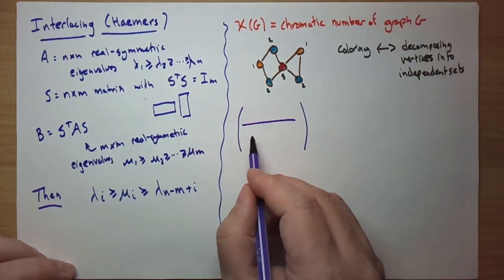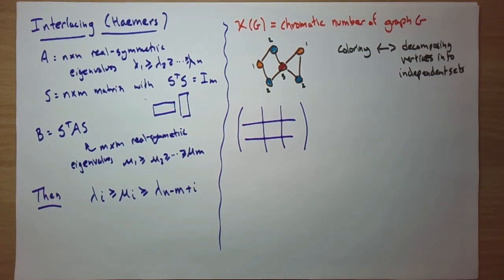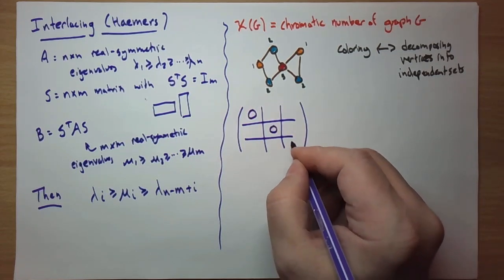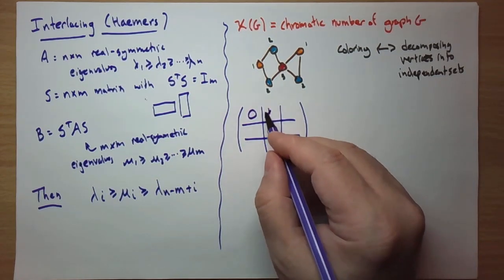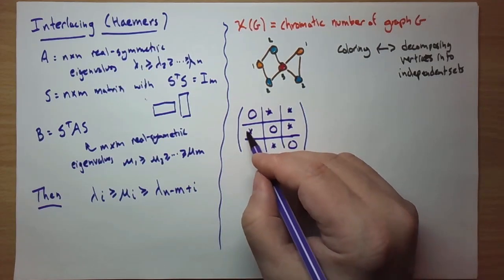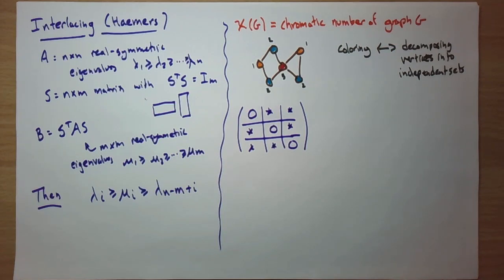Okay, so in terms of the graph, what happens? Well, let's say we have 3 colors. Roughly speaking, we can put it into a block structure. What can you say about these blocks? Right. You got 0 blocks on the diagonal, and then you have stuff here. Now, when we say stuff, there could be some 0 entries, but we don't know.